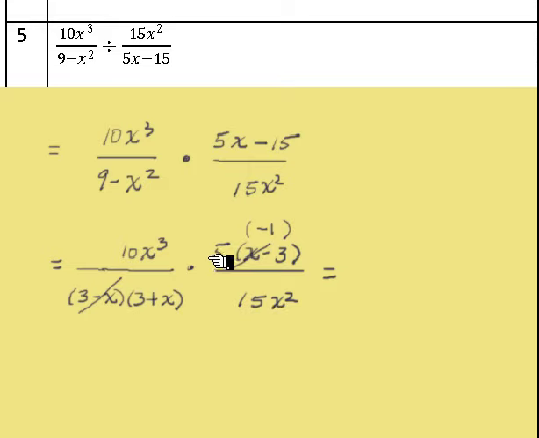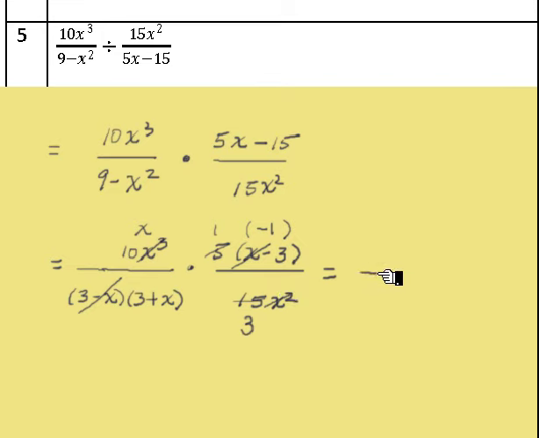We can reduce that. And here we have x cubed, x squared. So we could reduce that also. We could just divide top and bottom by x squared. And I think that's it.